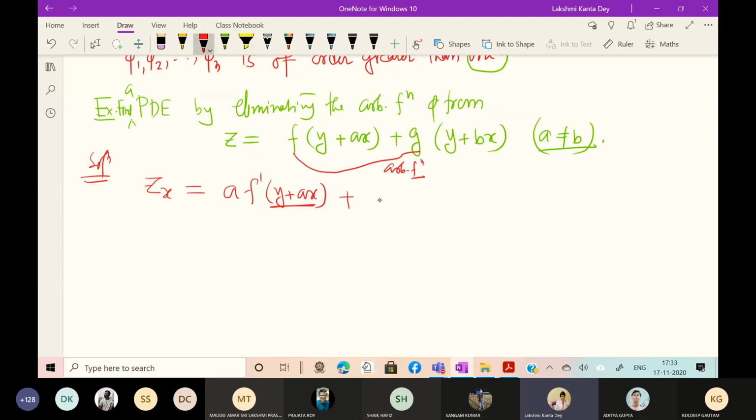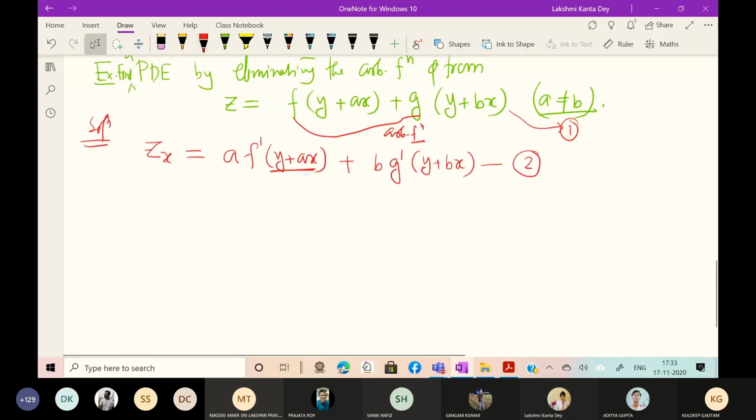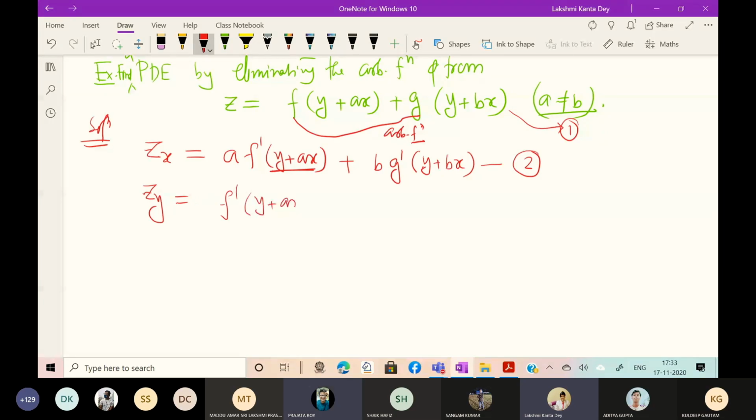Then it will be plus b g dash of y plus bx. Okay, so this is your equation 1, this is your equation 2. Next, zy, what will it be? This is simply f dash of y plus ax plus g dash of y plus bx. This is your number 3.